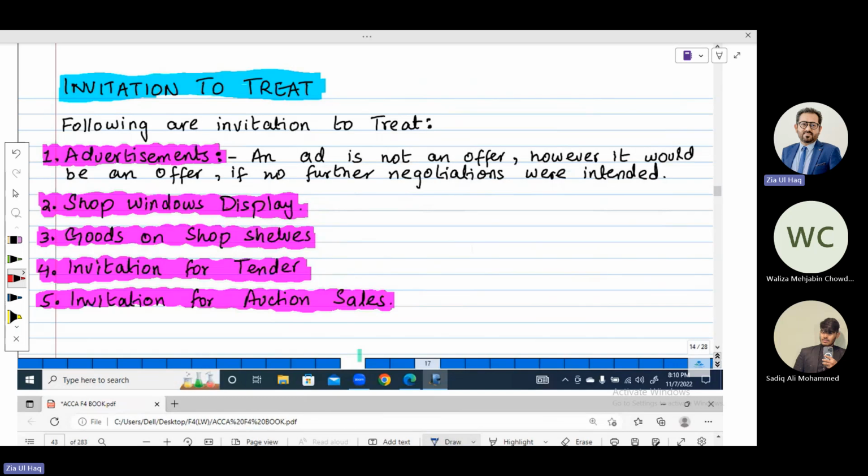Meaning if in the advertisement you have provided all the details, like this is my product, these are the features, and this is my final price, then it will be considered an offer. If you have just advertised a product, haven't provided the complete details of features, haven't stated that this is my final price, then that advertisement will be considered an invitation to treat rather than an offer.